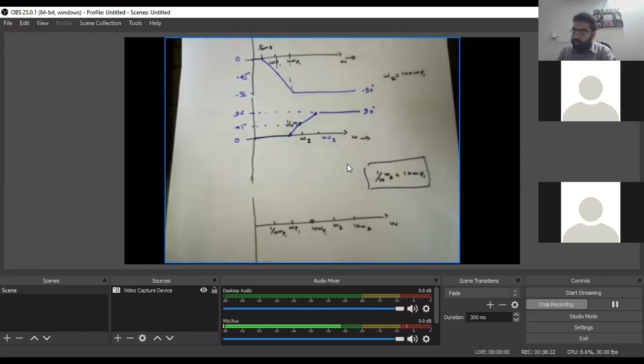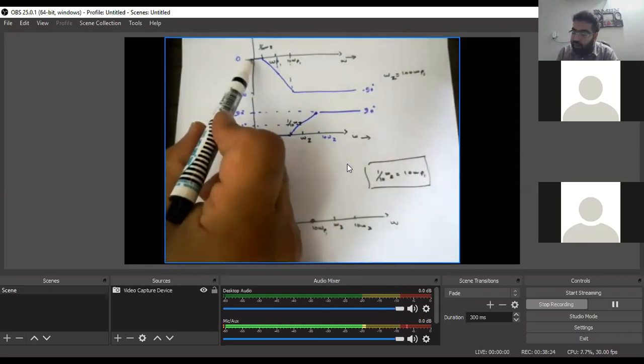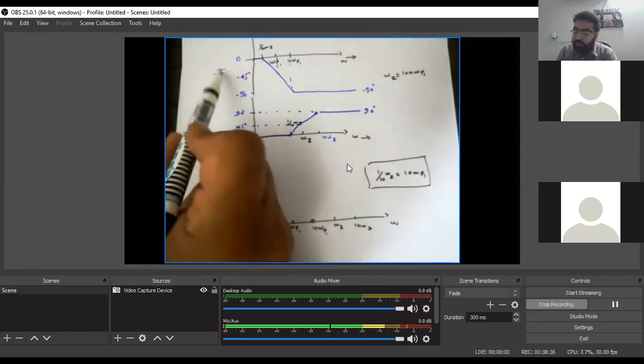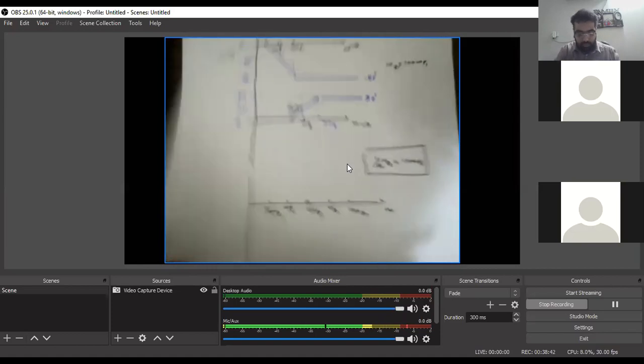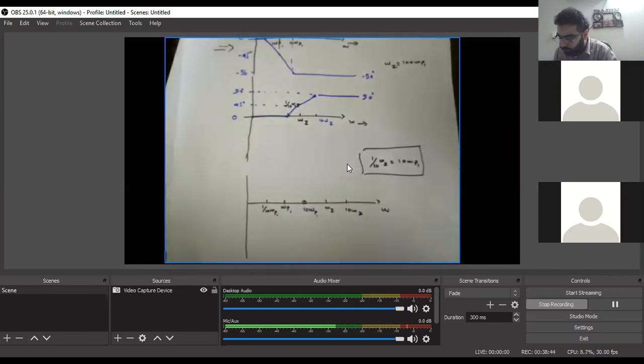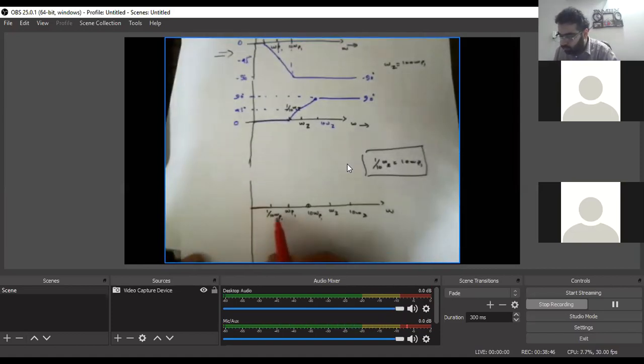This means the pole of this first vector will continue to enhance till 10 omega p, and it will reach the value minus 90. So we are not going to have any issue until it reaches this point. It will reach safely a value of minus 90 degree.